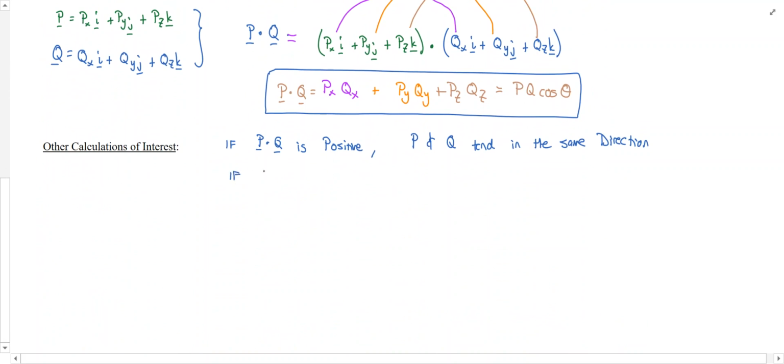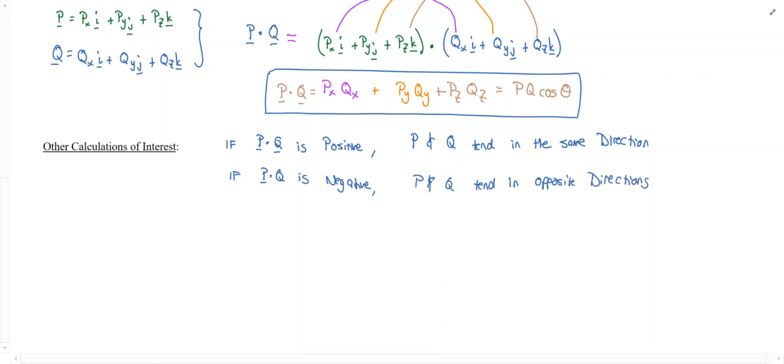If P dot Q is negative, then P and Q tend in opposite directions. An example of that, let me draw a couple of vectors here. So here's Q, and let's say this is P. Here's the angle theta. Well, if you take the part of P in the direction of Q, it points back this way.